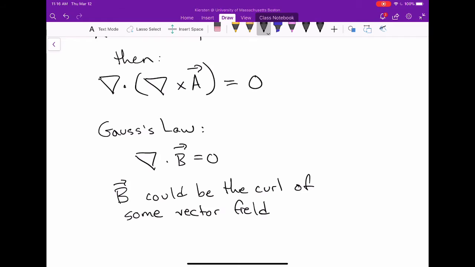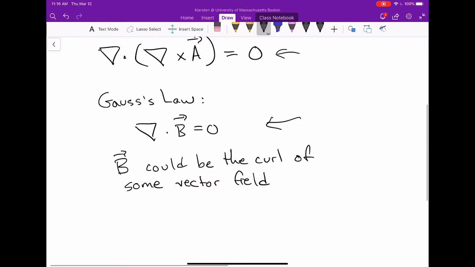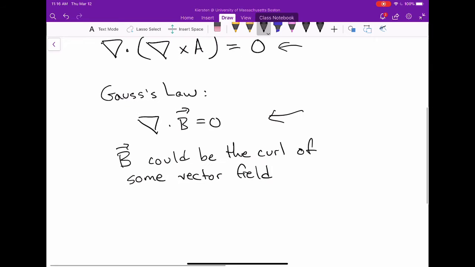It could be. Not saying it is, not saying it's not. It could be, though, because they both have this 0 divergence property. All right, well, let's suppose that it is.